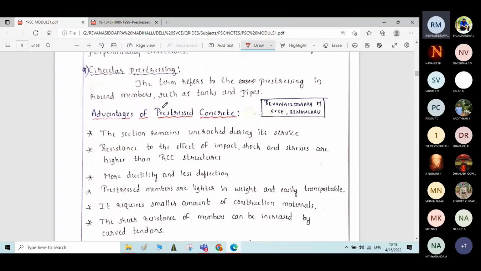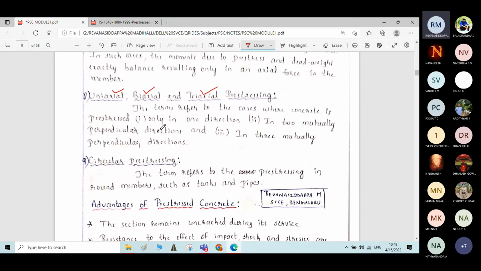Throughout the periphery the tendons will be placed, stretching of the tendons will be done, and the stresses are induced into the circular elements. Then it is called circular prestressing.